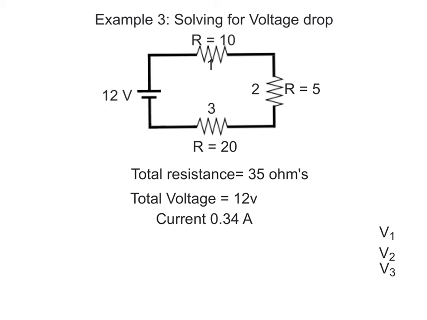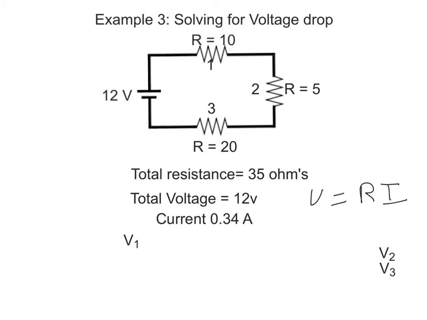So we've already done all of this work. Now what we need to do is find the voltage drop across 1. To do that, I need my equation for voltage. So my equation for voltage is V equals R times I.